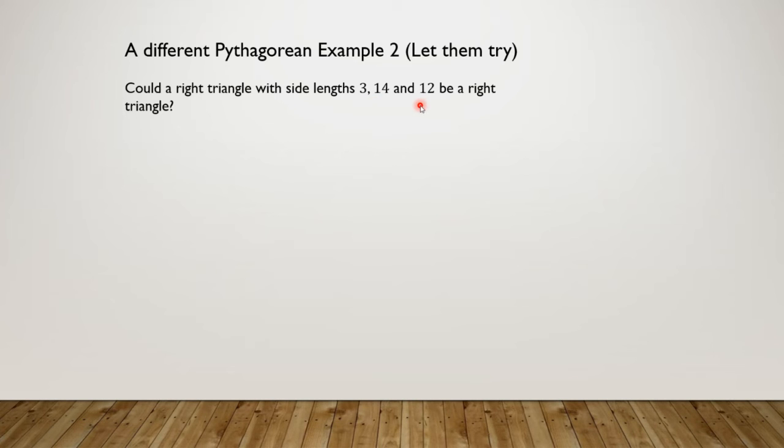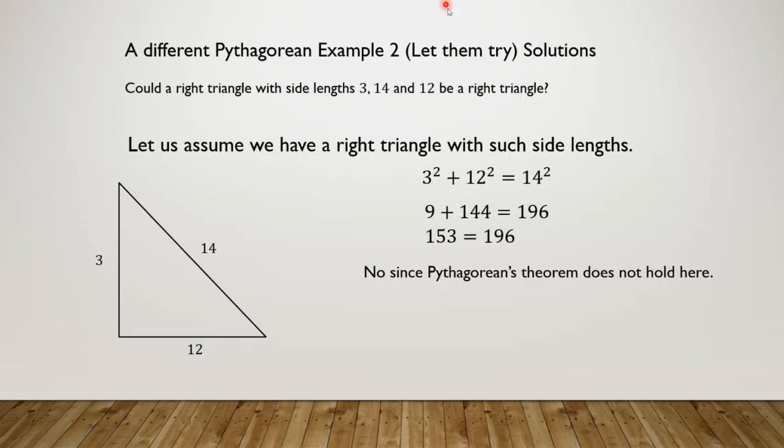Well, if we had such a right triangle, the 14 would have to be the hypotenuse. It's the longest side. Remember, the hypotenuse is always the longest side of the 3. And the other 2 sides have to be legs. So the triangle could look something like this.